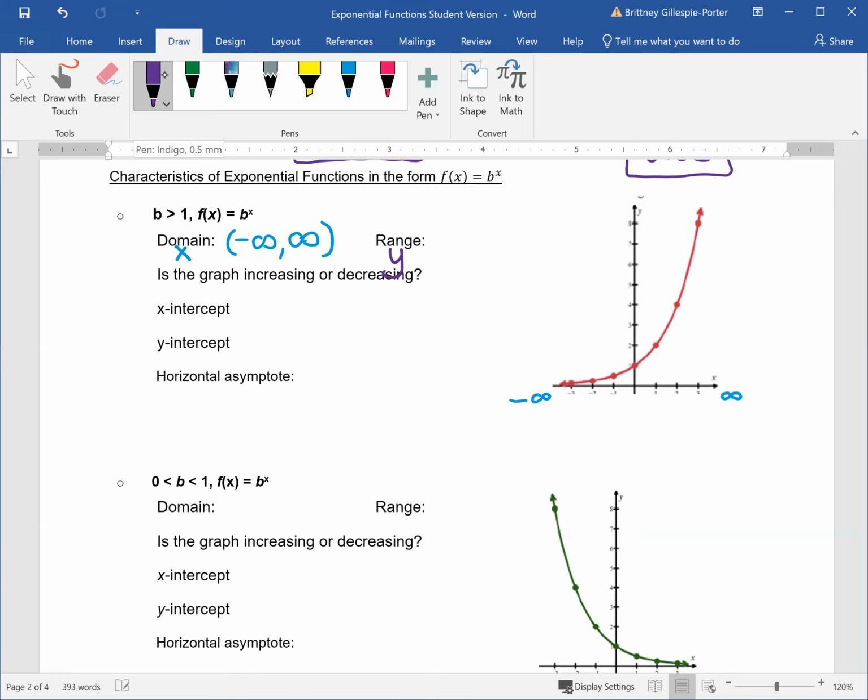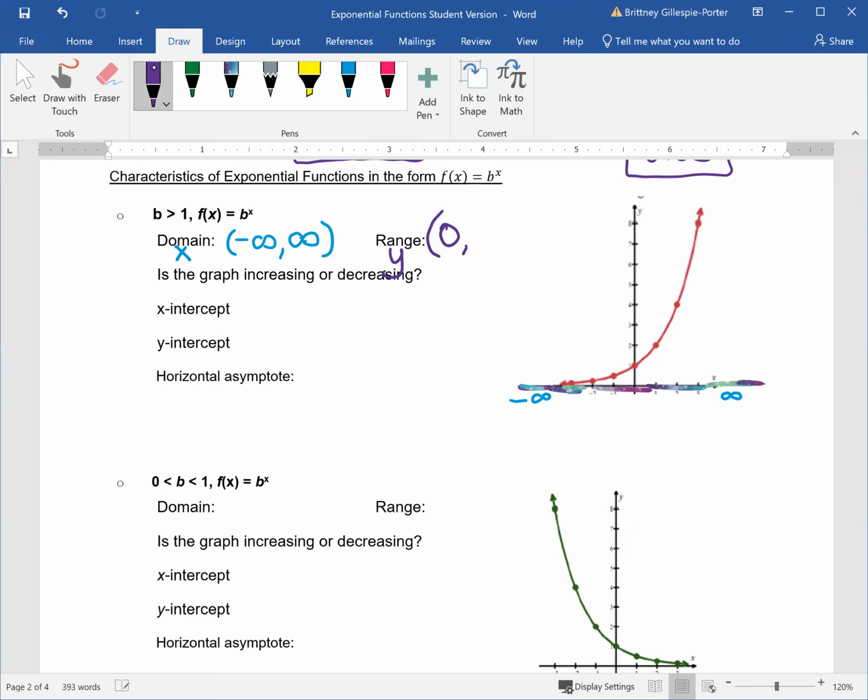But we start getting some y values, we start getting our graph above y equals 0, because if you notice, it's like there is a line keeping us from crossing along the x-axis. For that reason, we can get super close to 0, but we're not going to get to 0. So we're going to use a parenthesis.